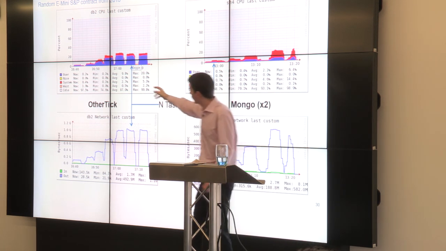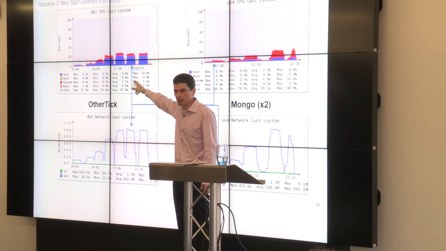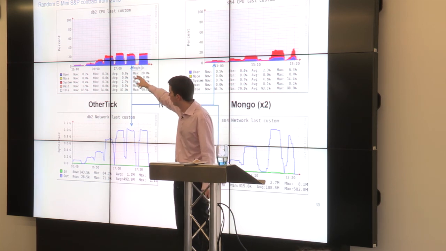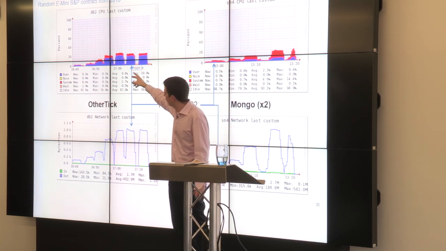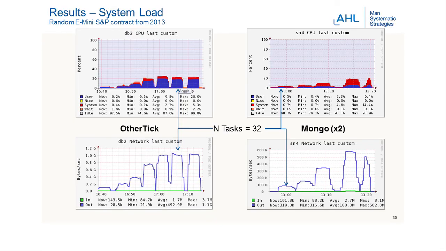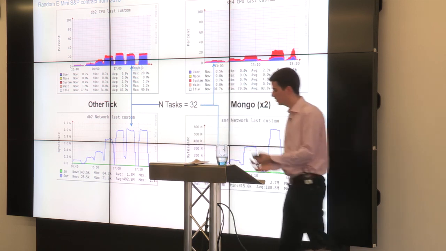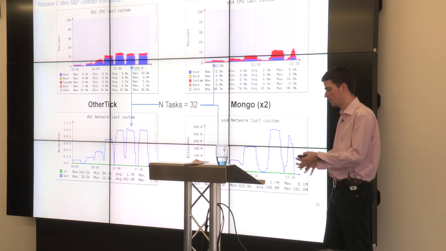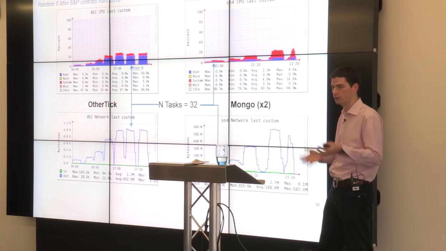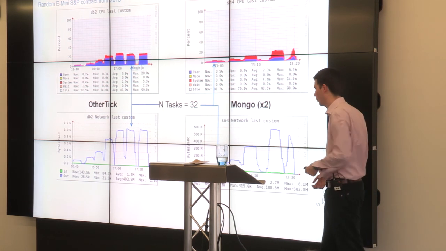And somewhere around 16, we saturate the number of CPUs that we're licensed for in this tick store. So it's about 8 cores. And there's a little bit of system I/O in red at the top. But you can see that at 16, you're saturating a gigabyte a second of data throughput. So the tick store is reading nicely from its column chunked data, converting it into floats, pickling it and packing it over the network.